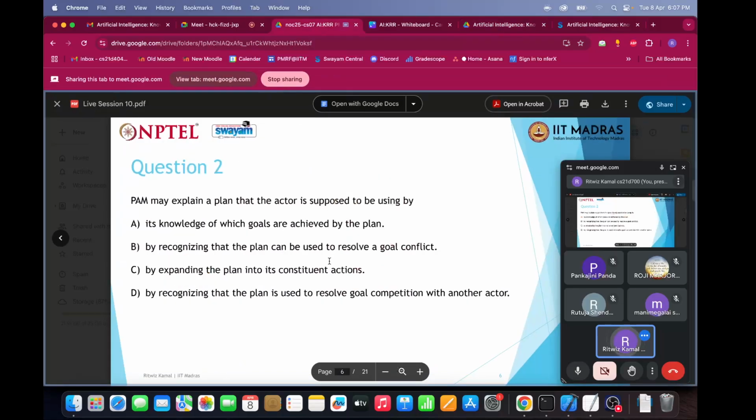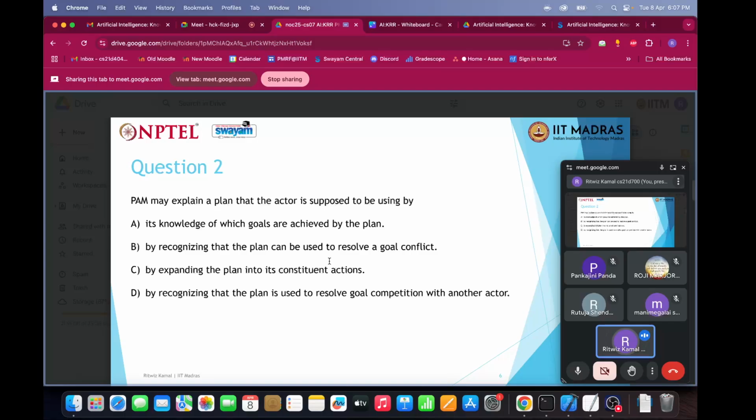So based on that, which option do you think would be the incorrect one? I'll give a hint that there's only one incorrect option in this question. It will be option C, right?